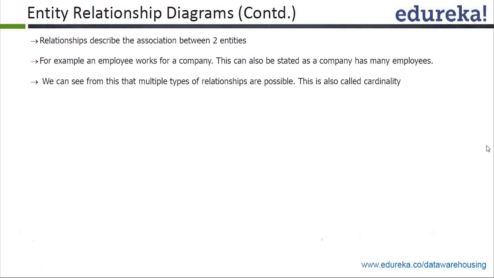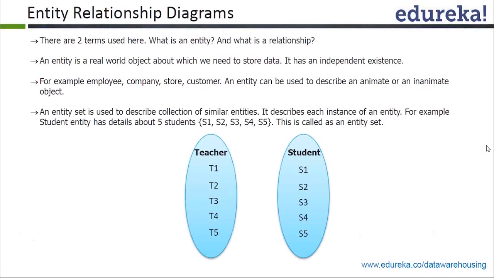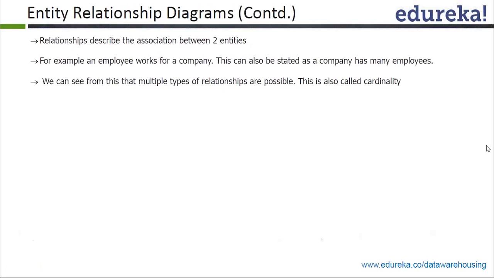But this diagram also contains the relationship between two entities. For example, in the example we saw just now, teacher and student: the teacher teaches the student. So the teacher teaching the student is the relationship between these two entities.